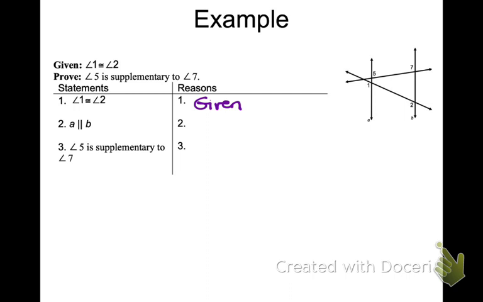Corresponding. So can you give me an if-then statement that would then tell me that they're parallel to each other? Yeah, good. So if we're just doing the converse. So if corresponding angles congruent, then my lines must be parallel.